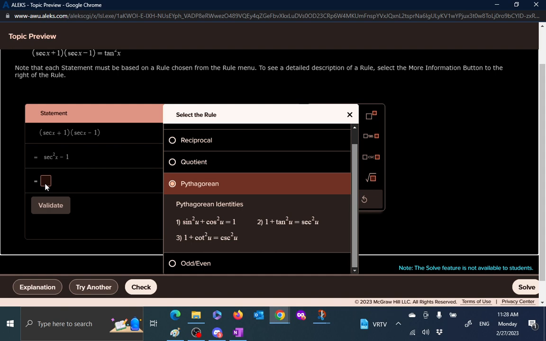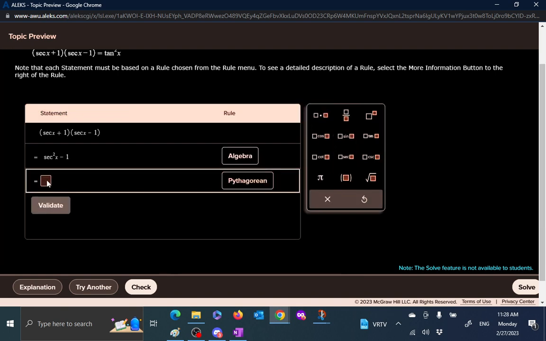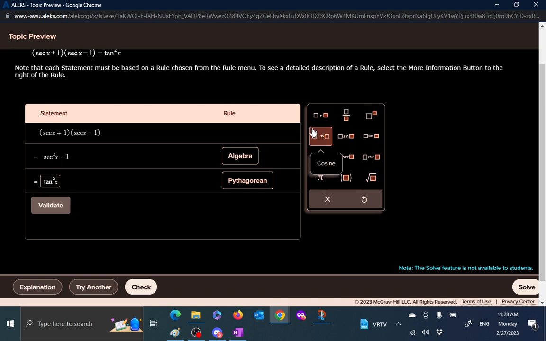So we write here tan square of x. You can just type, or you can use the keys here. Typing will be faster. So validate.